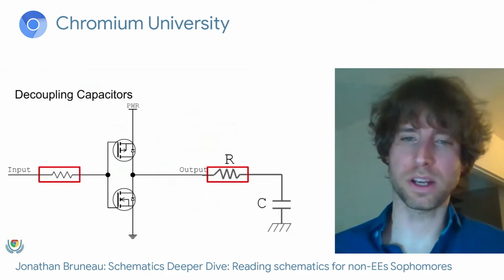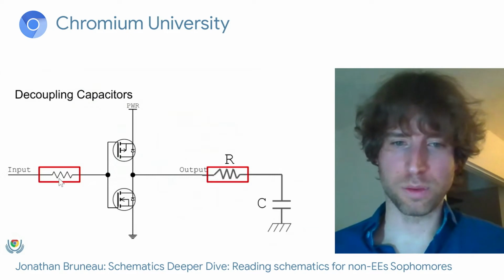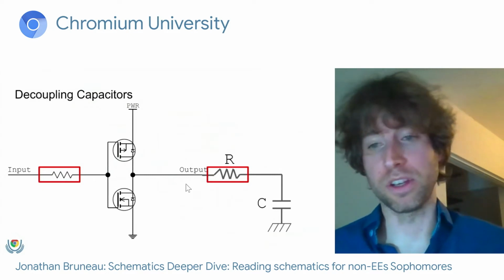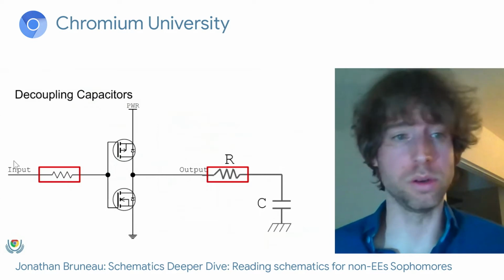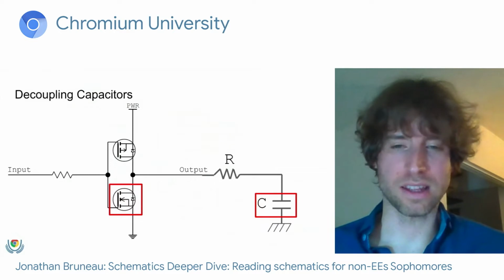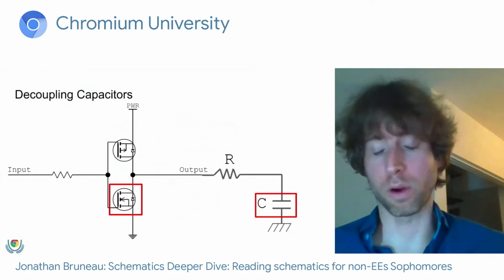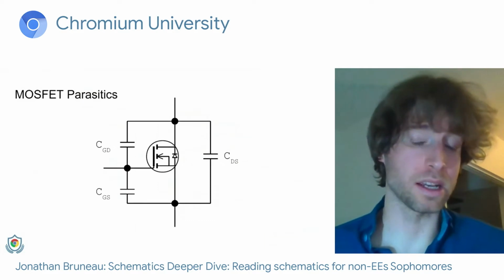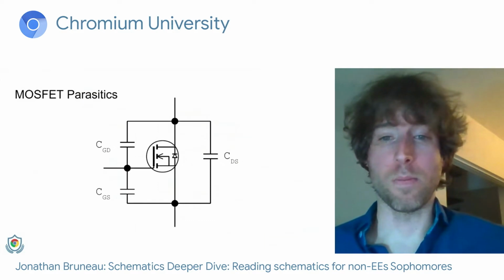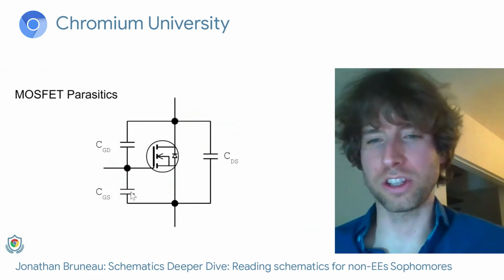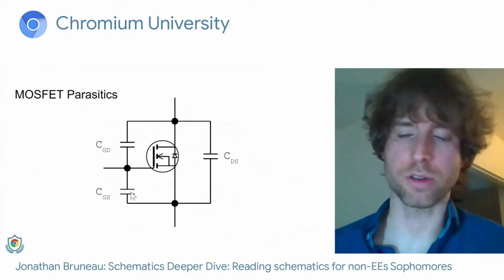And this makes sense because if there's a resistor on the input in our structure for how we make our logic chip, the next one will have that resistor too. But this capacitor actually has to do with the fact that MOSFETs are not perfect ideal devices, and they have these things called parasitics. So a MOSFET will have these capacitors. We don't put them in, it's just a result of how we make the transistor.